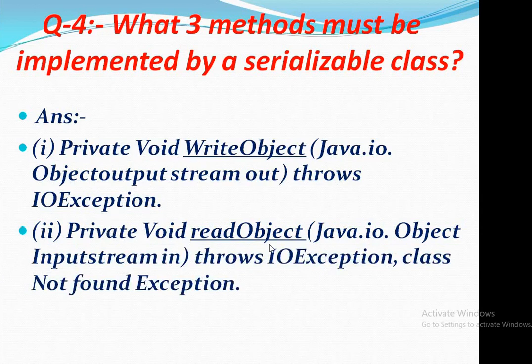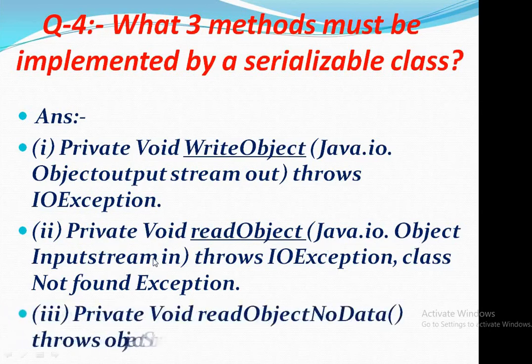Another is private void readObject, from java.io.ObjectInputStream, which throws IOException and ClassNotFoundException. The writeObject throws only IOException, and readObject throws IOException as well as ClassNotFoundException. Another method is private void readObjectNoData, which throws ObjectStreamException. So these three methods, writeObject, readObject, and readObjectNoData, are used for serializing the object.